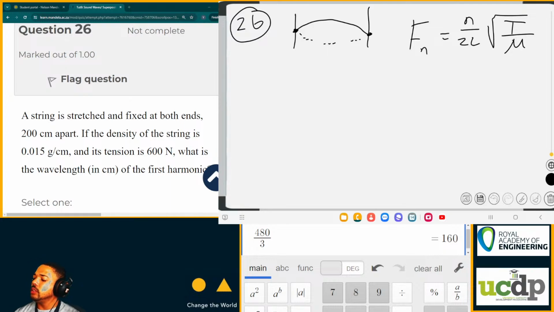That's the formula for the frequency and all the other overtones going with it. You would sub in n as 1 there, and you would get the fundamental frequency. Now, they don't want the fundamental frequency. They want the wavelength of the first harmonic, so the wavelength corresponding to the fundamental frequency.